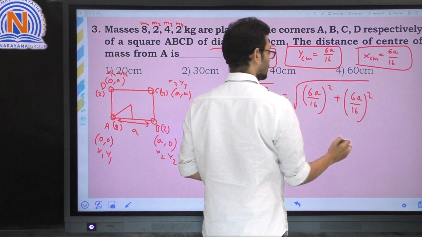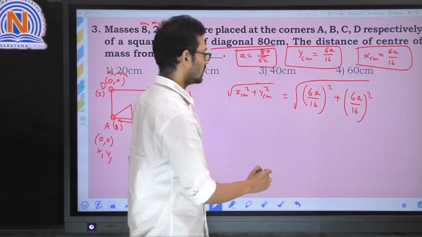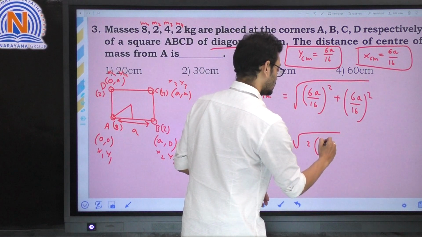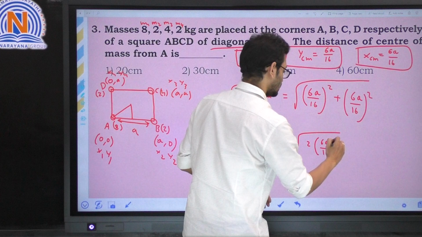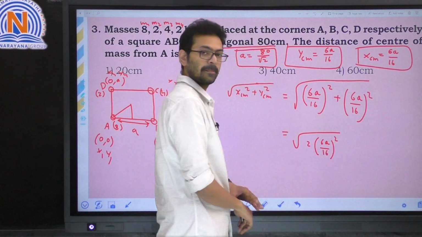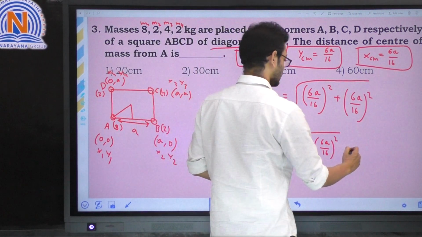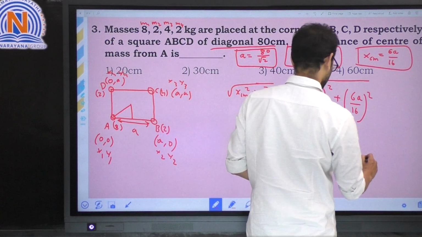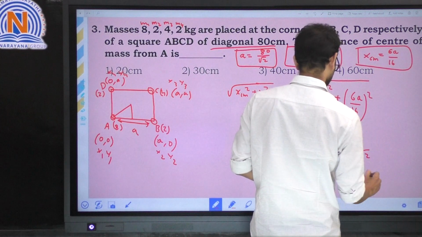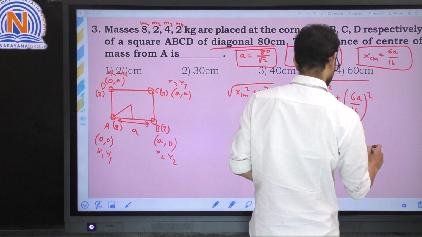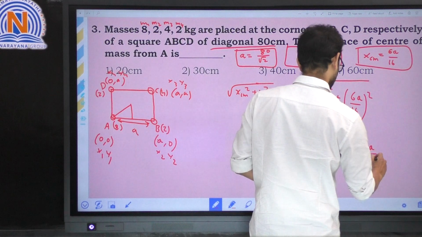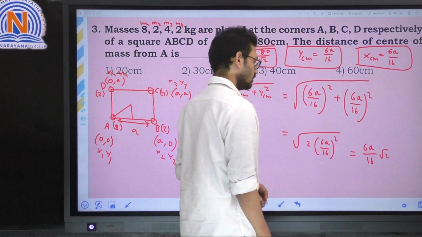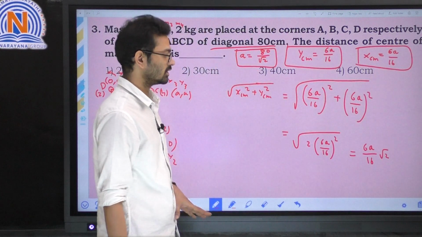This is root over. Now you can write it like root over 2 into 6A by 16 whole square, which is 6A by 16 into root 2.